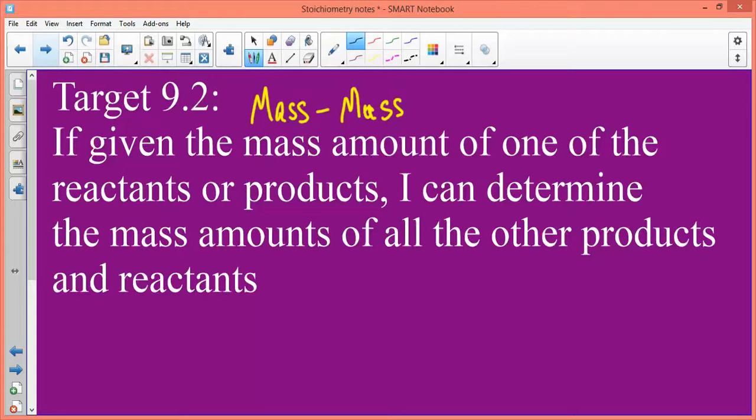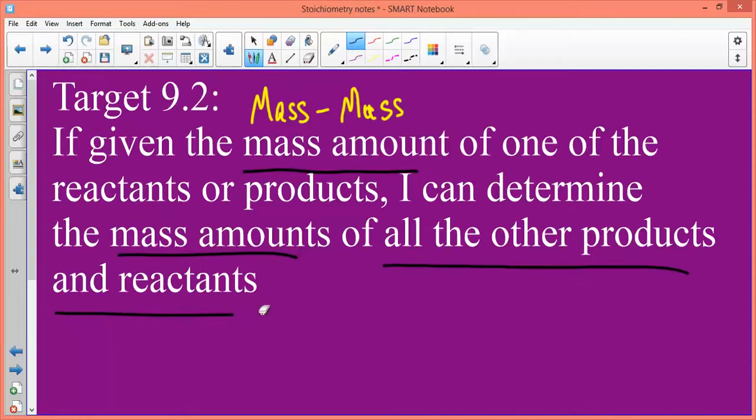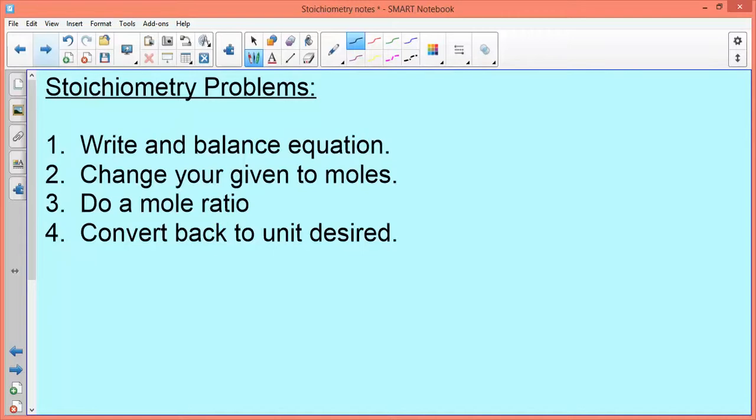If given the mass amount of one of the reactants or products, I can determine the mass amount of all of the other products and reactants. So this is a mass-to-mass problem. Steps for this: just write and balance the equation. Sometimes you have to do that, sometimes it's given to you. Once you've written and balanced the equation, change your given to moles.